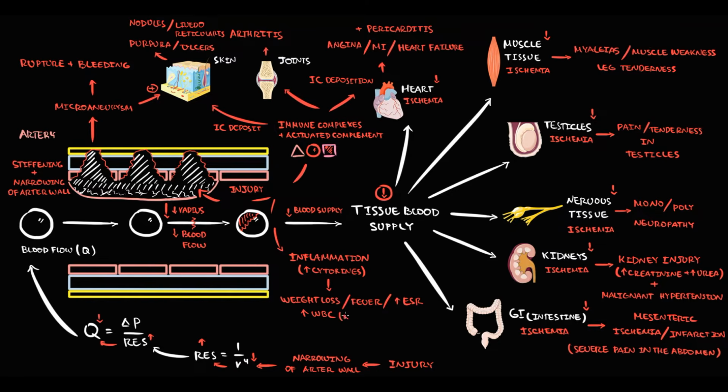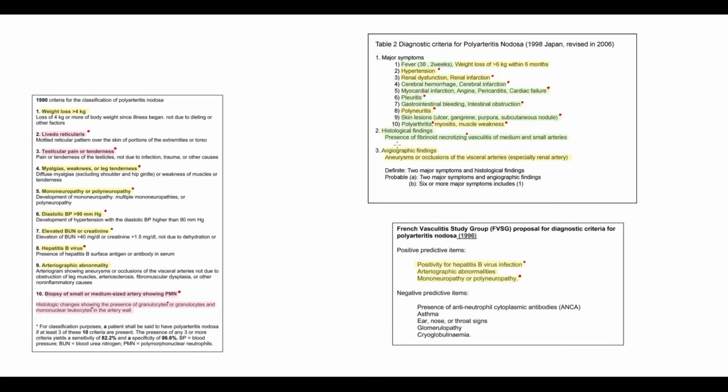Also, they cause increase in erythrocyte sedimentation rate and increase in white blood cells, mostly due to the increase in neutrophils. As we see, general clinical symptoms as fever and weight loss are among the major diagnostic criteria.